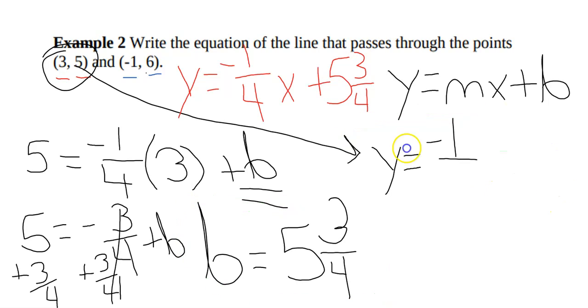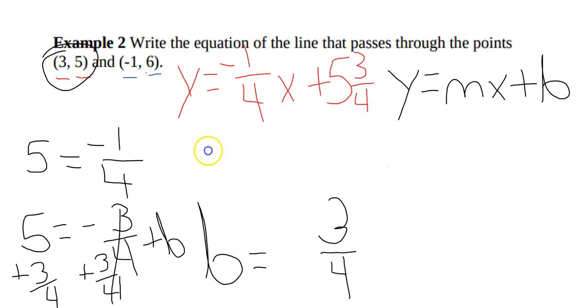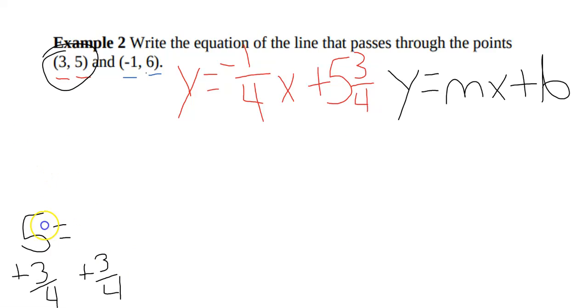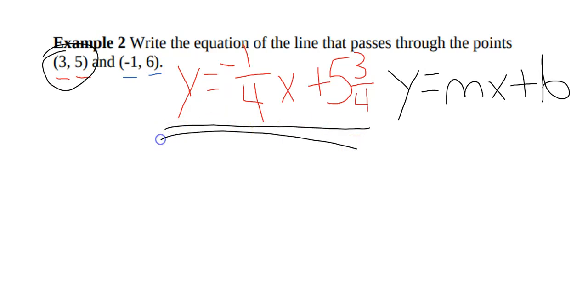So as long as I step through it and use my y equals mx plus b formula, I can find the slope. And once I have the slope, I have 2 points, so I can plug those points in and find b.